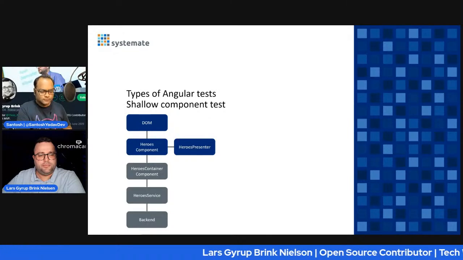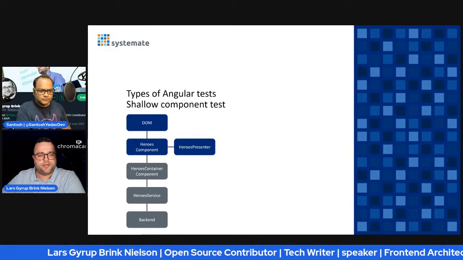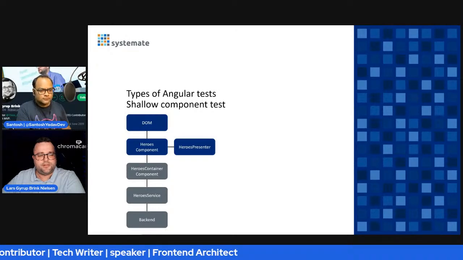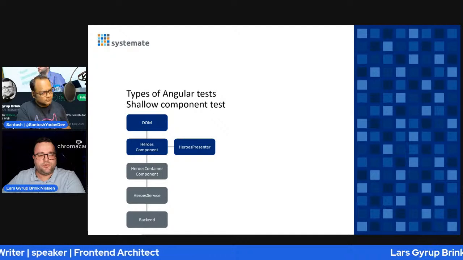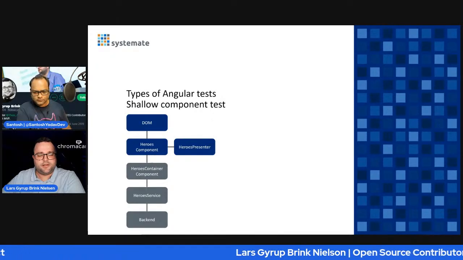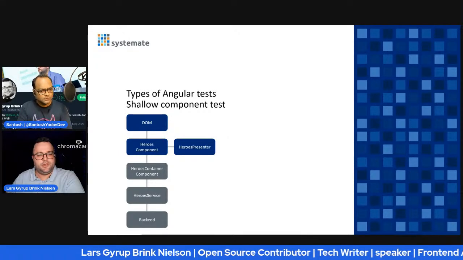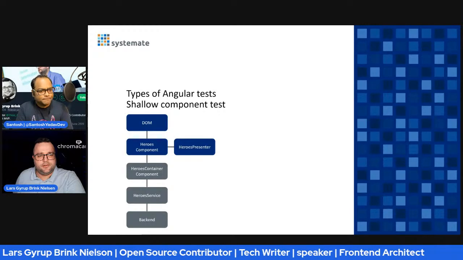Like we can click buttons and whatever else it has in its template. But we're only rendering this one component. If it has any child components, most of them or all of them will be stubbed out, so they won't render anything. We'll just make sure that the test bed can compile them, and they don't give us errors. But that's a shallow component test.